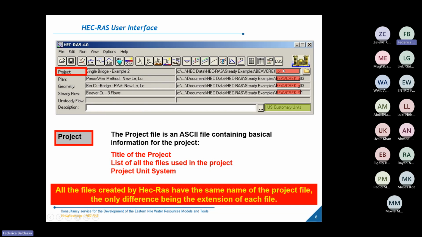So once the user starts a project called Beavcrack, then all the other files will have the same name. For example, as you can see from the plan file, here is the description of the file, but in the location of the file, you can see that this file is called Beavcrack and then .p03, but the same name Beavcrack is the same for all the files of the plan, geometry, the flow.